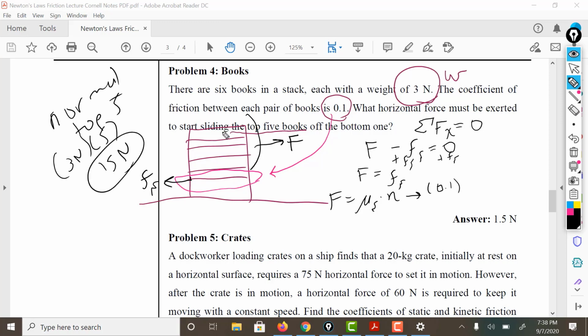That's 15 newtons: 3, 6, 9, 12, 15. That's a total of 15 newtons going down in weight, which means there has to be a 15 newton normal going up against it. If I multiply these two, I get 1.5 newtons. That's all there is to it.